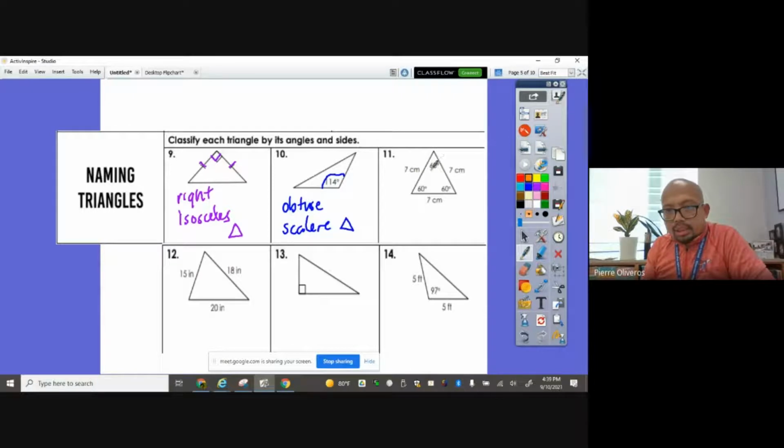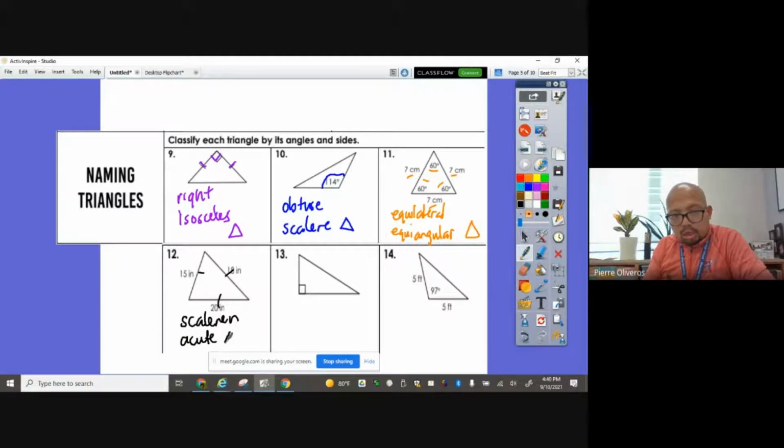I know this is 60, 60, 60, and 7, 7, 7, so it's equilateral and equiangular triangle. 15, 18, 20, none of them are equal, so this is a scalene and acute triangle.